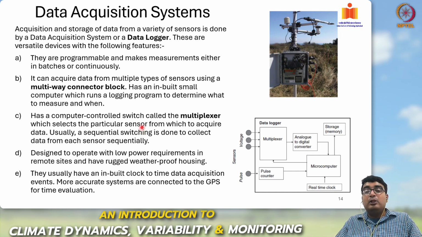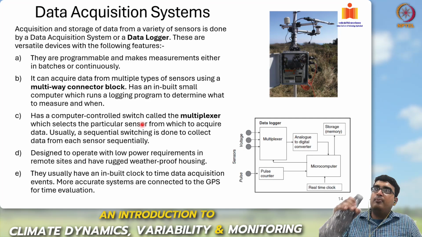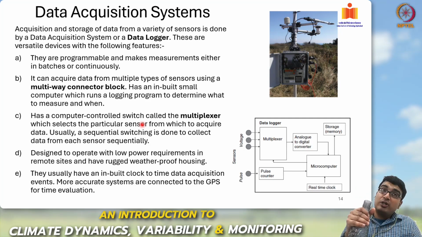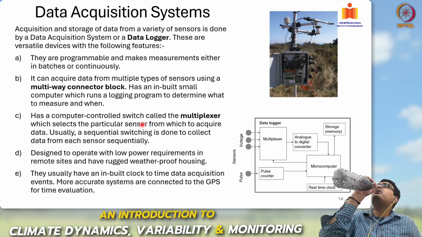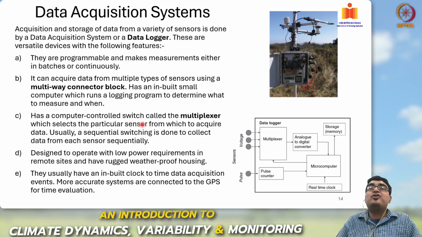They are designed to operate with low power requirements in remote sites and have rugged weatherproof housing. Often climatological and meteorological data loggers are placed in remote sites, say the high Arctic or Antarctic peninsula, top of mountains. They will not have dedicated electrical connectivity. So they are often designed to operate with low power requirements.